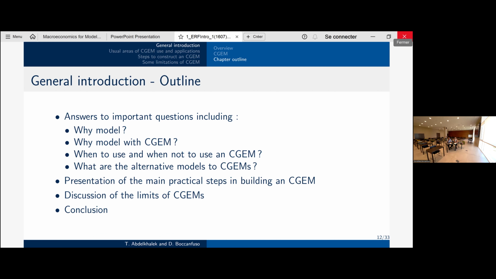And for that, what is the alternative model we can use to address some questions? We also have to present the main practical steps in building a CGE model, and we discuss the many limits of this tool, as with all other tools. The CGE model has many limits. We have to discuss two types of limits: theoretical limits and practical limits.